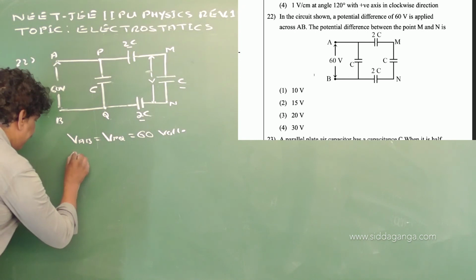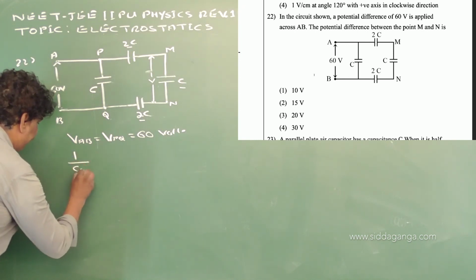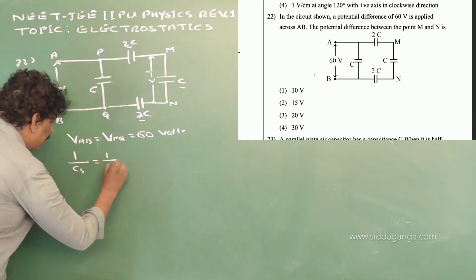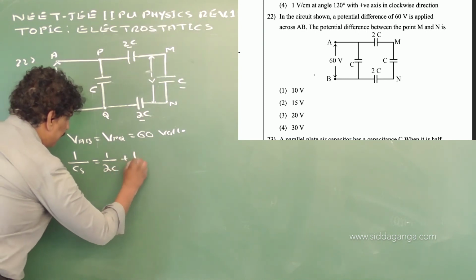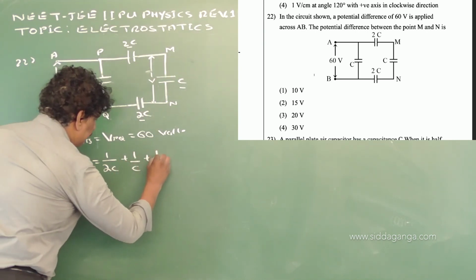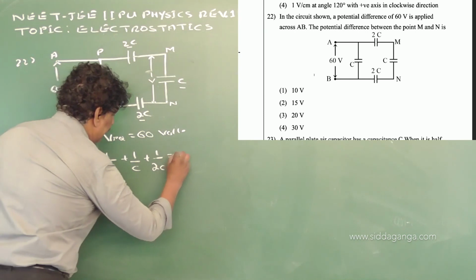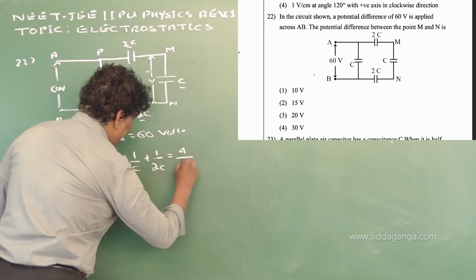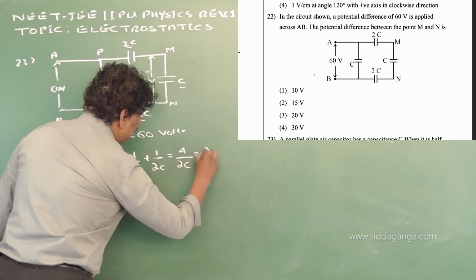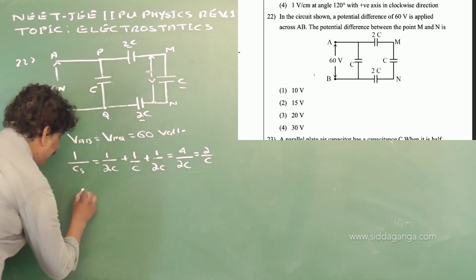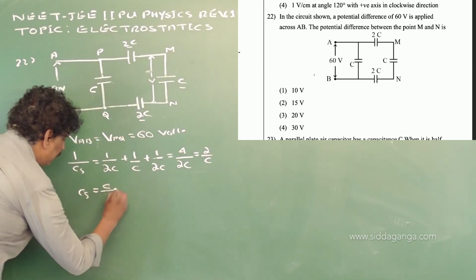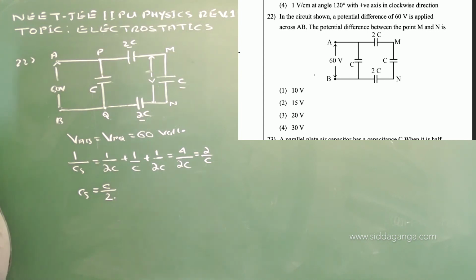Now by taking effective capacitance, 1 by Cs is equal to 1 by 2C plus 1 by C plus 1 by 2C, that is equal to 4 by 2C, that is equal to 2 by C, or Cs is equal to C by 2.